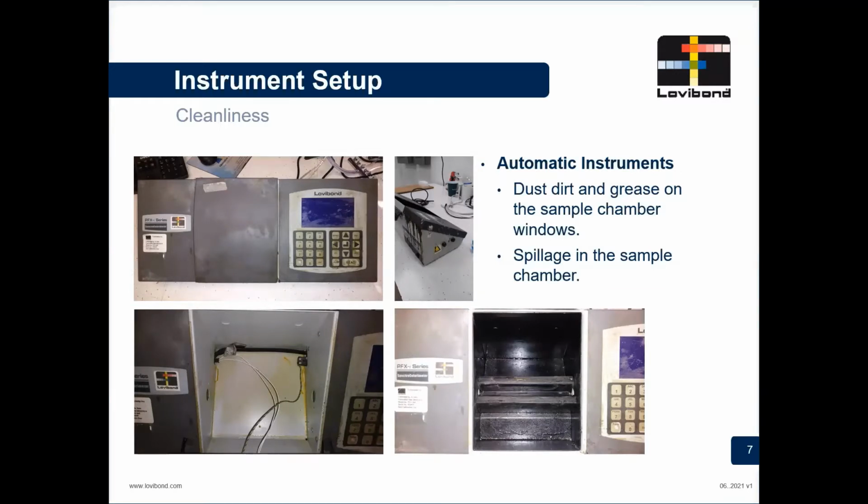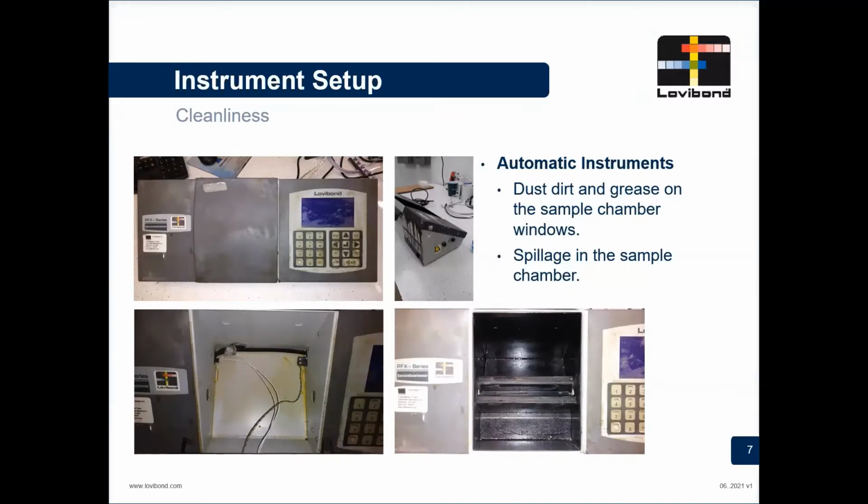And with an electronic instrument, you have a light beam. Here in the PFXi, the light beam is coming from the left-hand side to the right-hand side. And there are two windows on either side of the sample chamber. These windows need to be kept clean because any dirt or grease is going to affect our measurement. It's going to scatter the light.